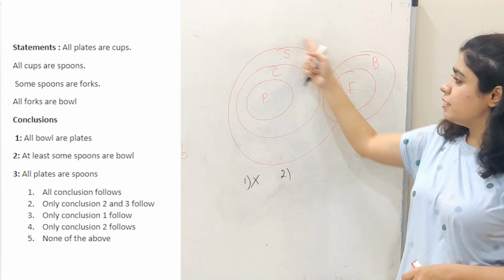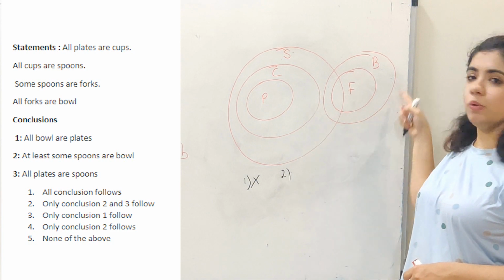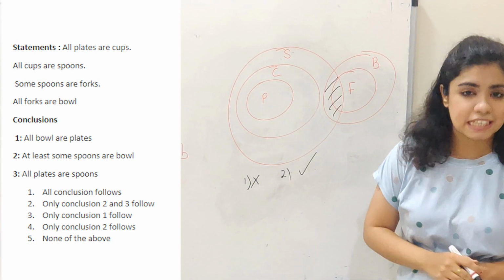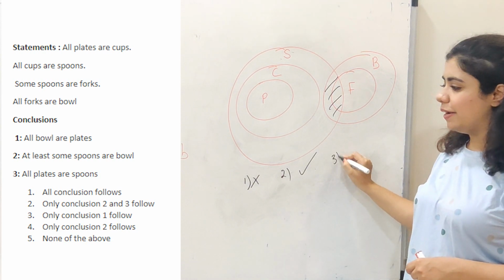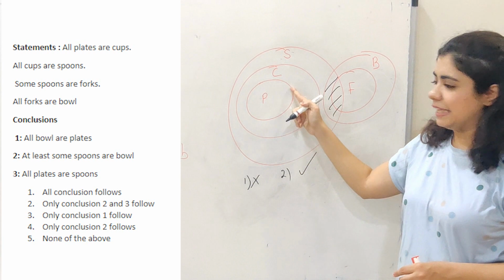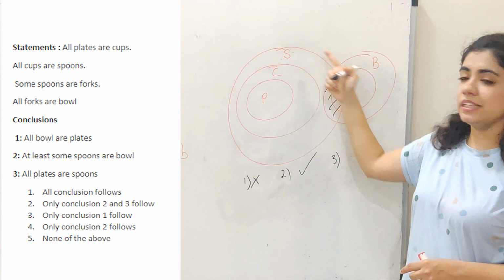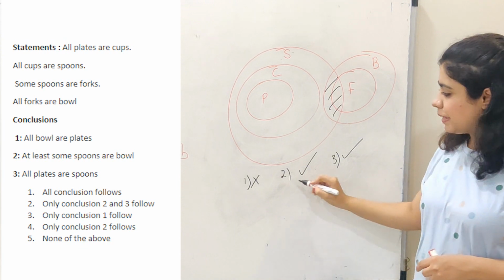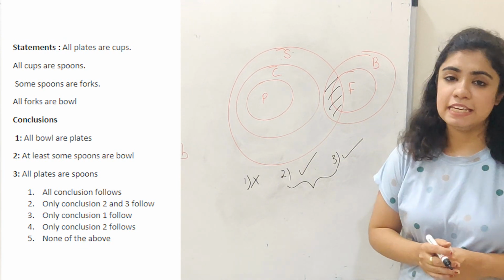If you check, some spoons are bowls. Yes, it is visible. So this is definitely correct. And the third one, all plates are spoons. It is visible. So this is also correct. So your answer becomes 2 and 3.